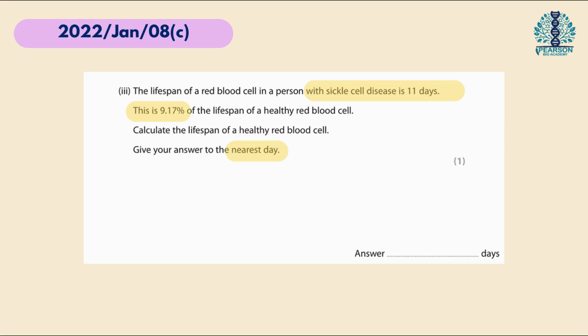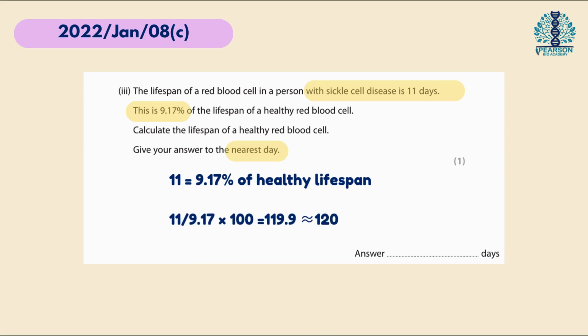So we can assume that 11 is equal to 9.17 percent of the healthy lifespan. So healthy lifespan is equal to, first you need to divide 11 by 9.17, then times 100. So it will be 119.9 days. And if you round up, it will be 120 days.